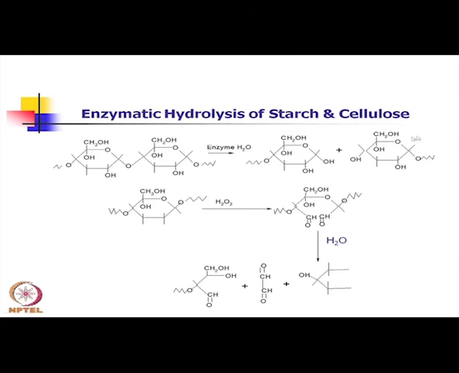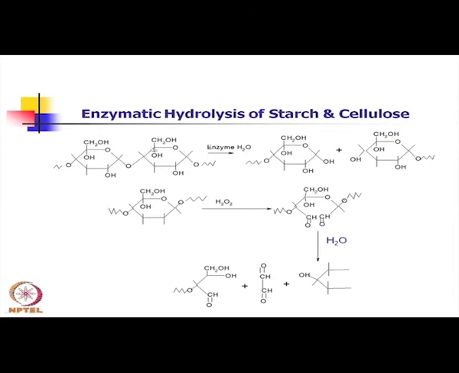This shows a chemical reaction scheme for enzymatic hydrolysis of starch and cellulose. This is the anhydroglucose unit of starch or cellulose. Now, enzyme in water breaks this linkage, forming fragments.